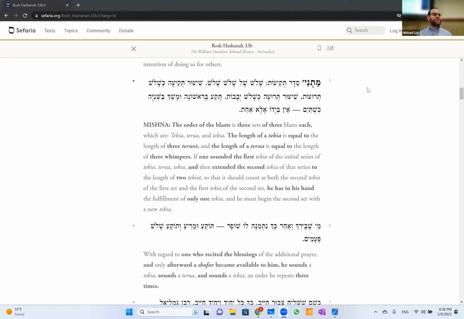So our Mishnah tells us right now, shalosh shel shalosh shalosh. You're supposed to blow the shofar 3 times, in 3 sets. The way it works is tekiah, which is a simple blast, then you put something in the middle, and then it ends with a tekiah, and you do that 3 times. Now, we have an intro and a conclusion, and then the body.